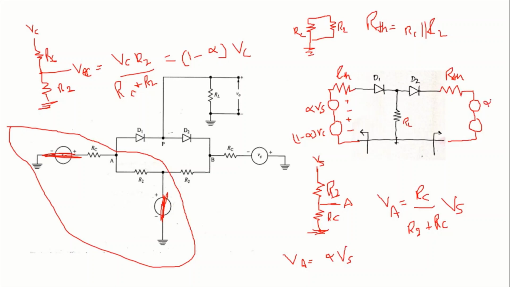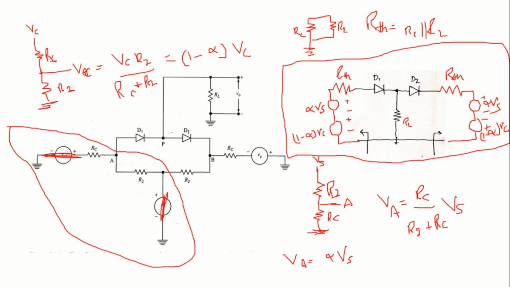This is alpha Vs plus minus, and this is 1 minus alpha into Vc. This is minus plus, since these two are complementary control signal voltages. Now this is the Thevenin's equivalent circuit.